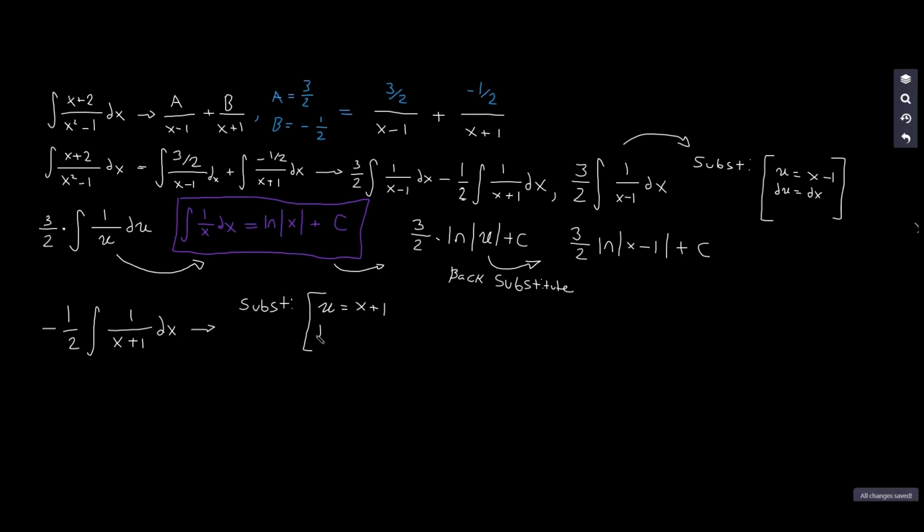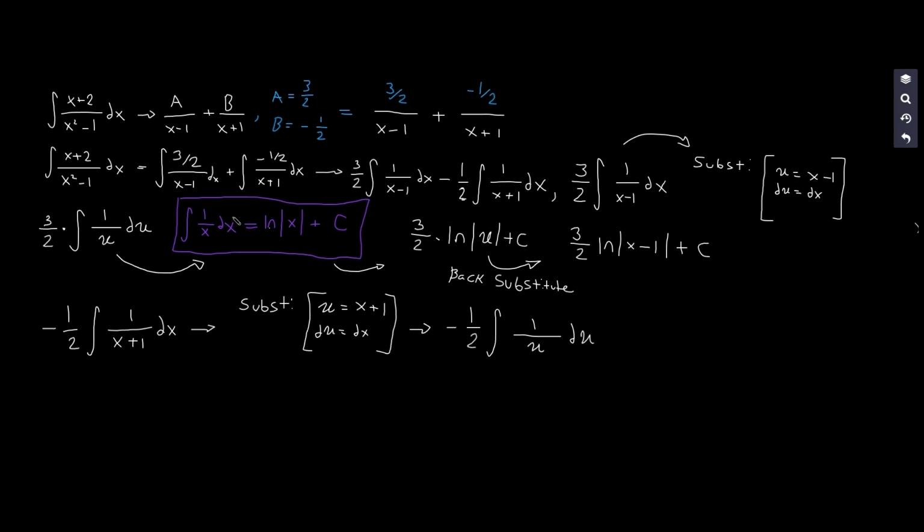The derivative of x is 1, the derivative of 1 is 0, so we're going to have du equal to dx. Then we have negative 1/2 times the integral of 1 over u, integration with respect to u.